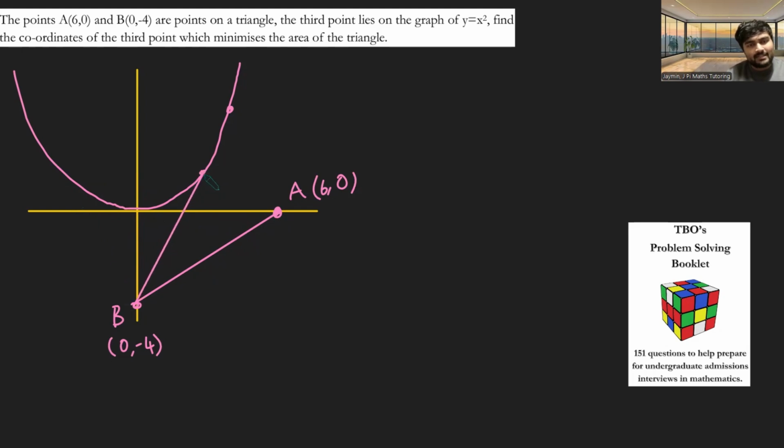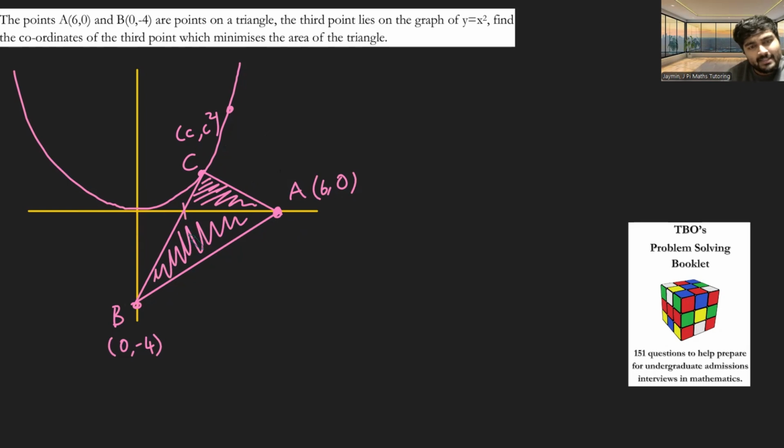So let's choose the x coordinate of C, the third point, to be somewhere there. Let's call the coordinates of C, very conveniently, lowercase c, and then the y coordinate will be c squared. We want to work out the area of this triangle in terms of c. I'm going to do this by splitting it into two triangles, this top triangle and also this bottom triangle, like so.